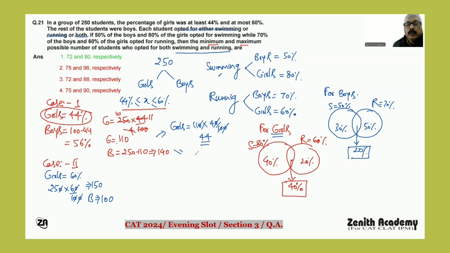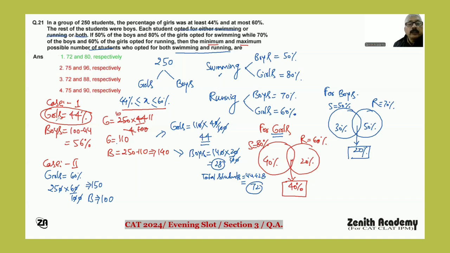And boys, out of 140, 20%, that is 28. So total possible number of students: 44 plus 28, it's 72.